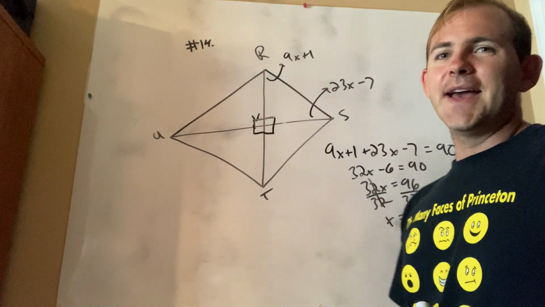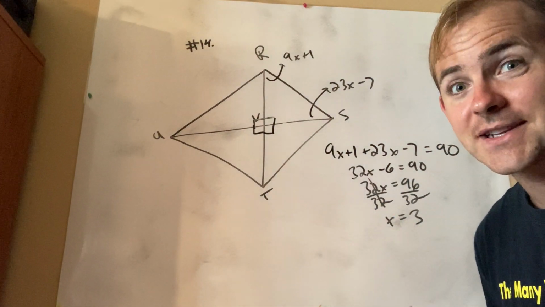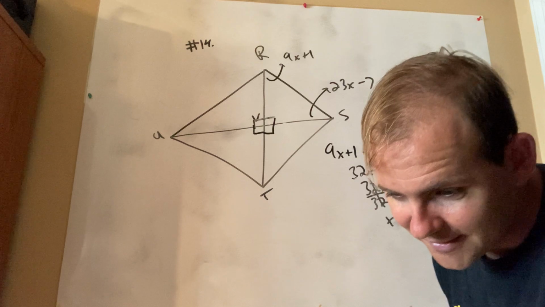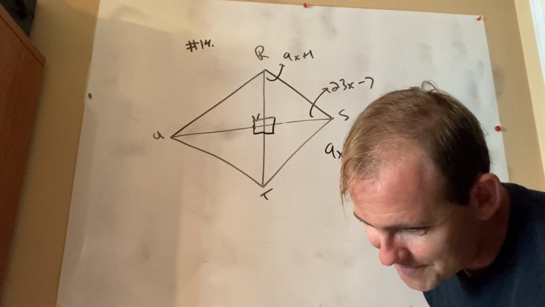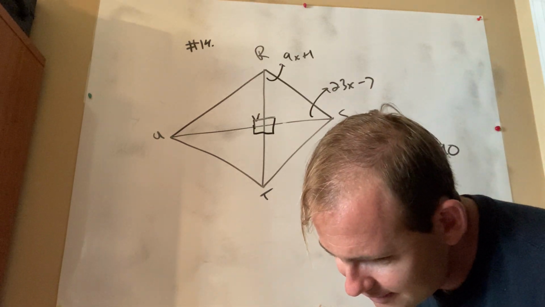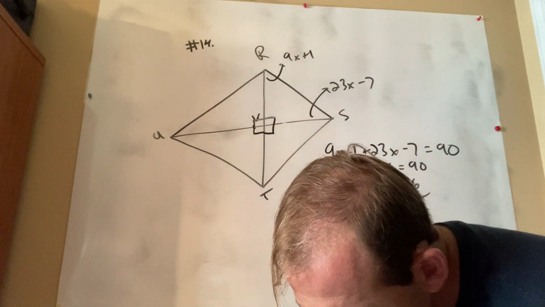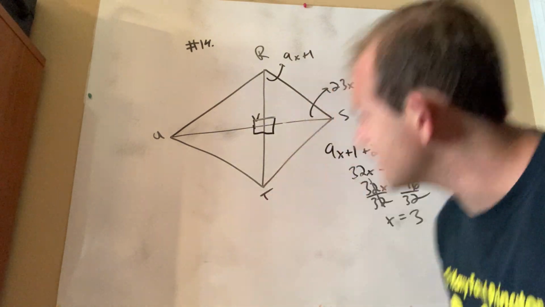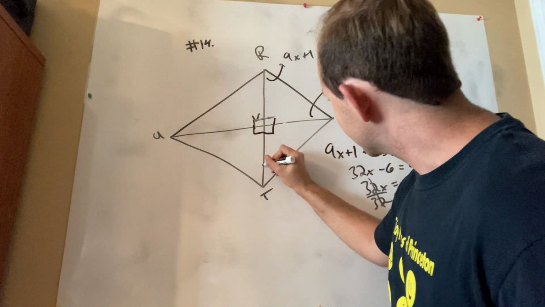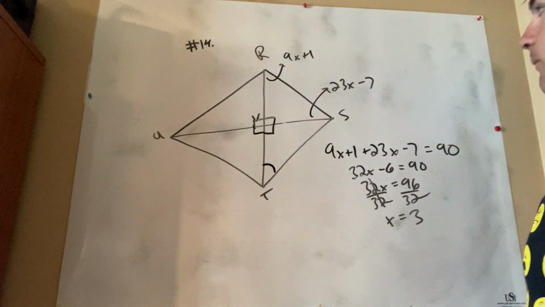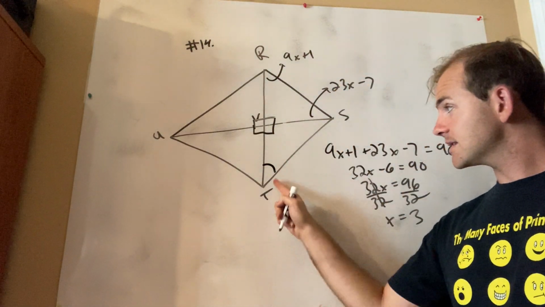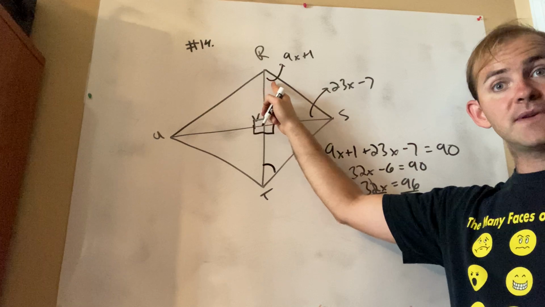All right. Again, though, I got to be careful not to get too excited about that because that's not what they asked me for. They asked me for the measure of the angle STV, right? STV. So they want to know this one right here. Okay, which one of those two is the same as this one? It would be this one over here, right?